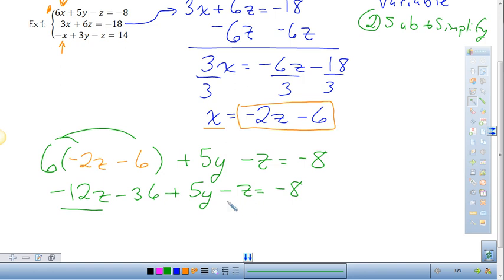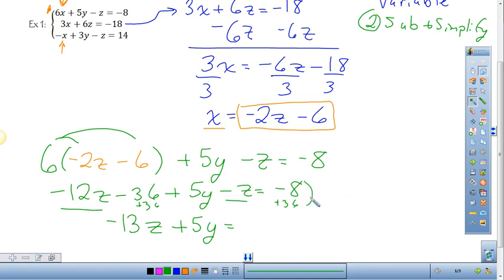So negative 12z minus z is negative 13z, and then I have a plus 5y. And I'm actually going to take the 36 and add it to the other side so that this is in standard form, something that we will discuss in a second. So negative 8 plus 36 gives you 28.